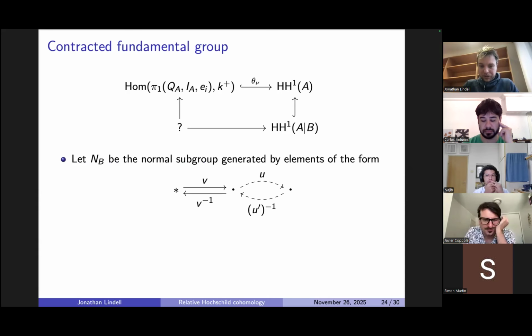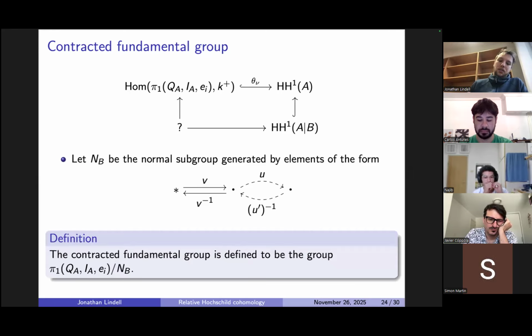Here star is our fixed base point, V is some path in our A part, and U and U prime, the dashed arrows here, are walks, not paths, in our B part.